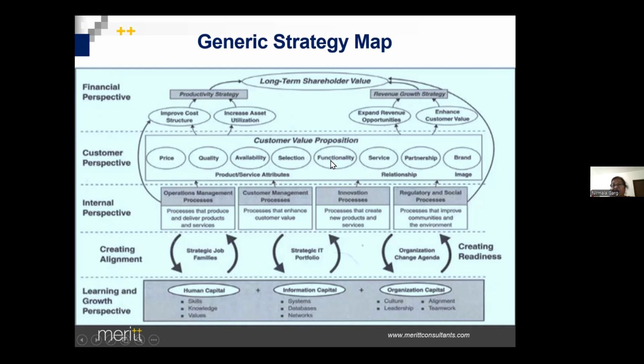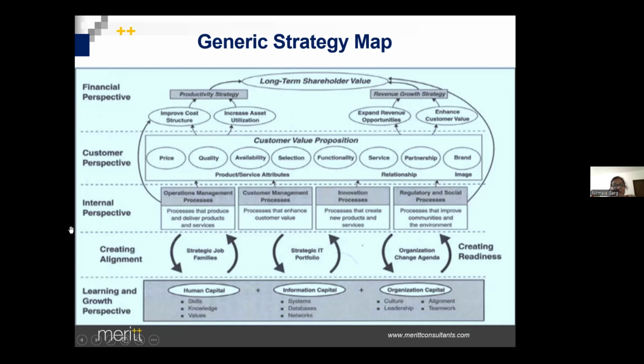So if it is functionality, I can wear it at night, there are night gowns. I can wear them for corporate. So various functionalities. Good service, I can come back and return it. We also have partnership with different high brands, so brand image. So these are all the features I'm giving to the customer. In order to serve the customer with such features, I need to have certain functions with certain processes.